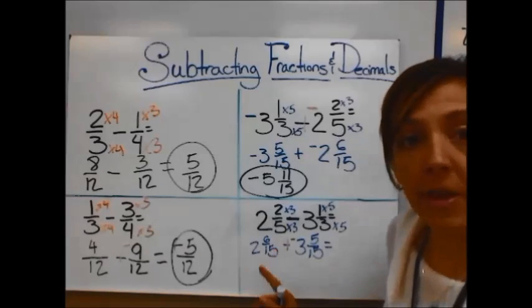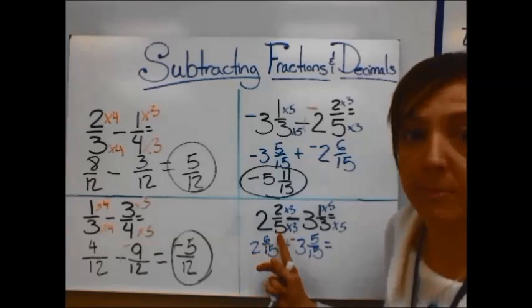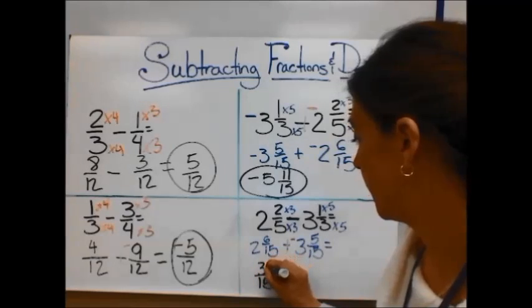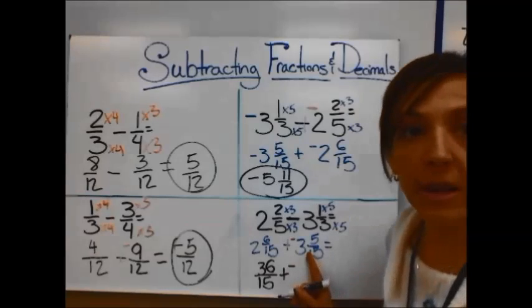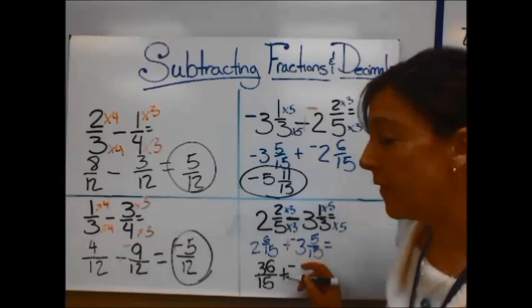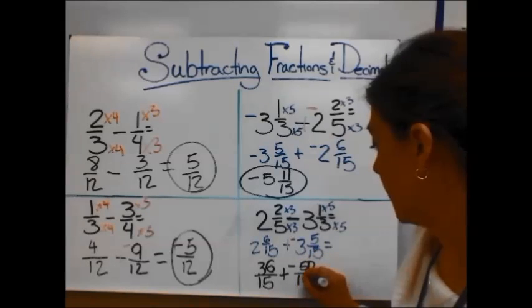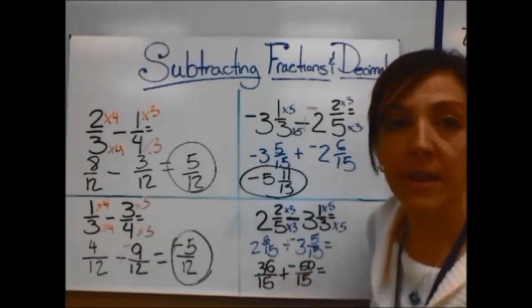In this scenario, I'm going to go ahead and change these mixed numbers to improper fractions. 15 times 2 is 30, plus 6 is 36 fifteenths, plus a negative. 15 times 3 is 45, plus 5 is 50 fifteenths. And then we're going to add across. 36 plus a negative 50.